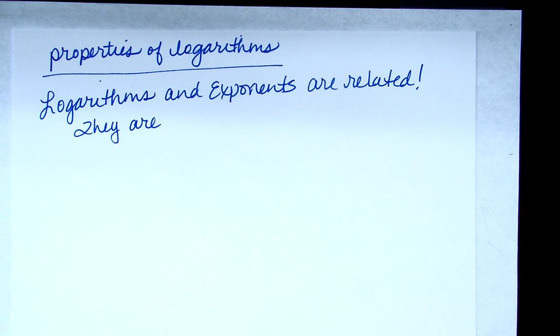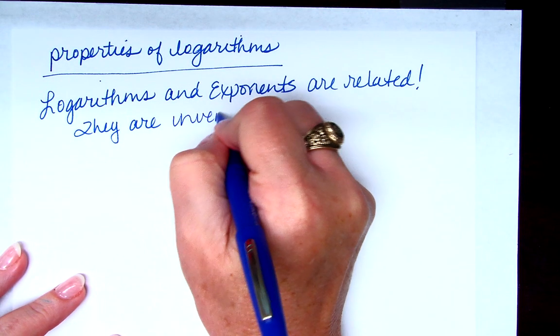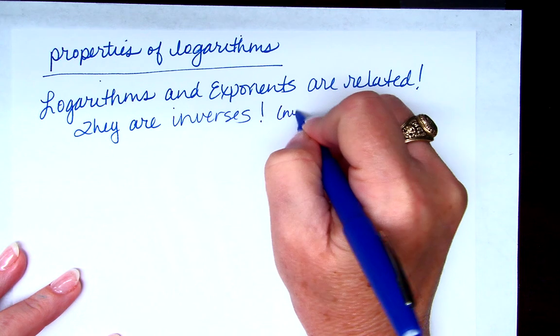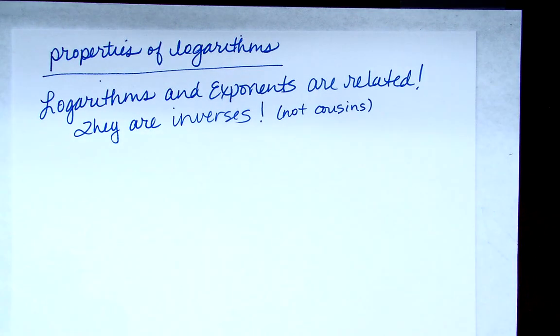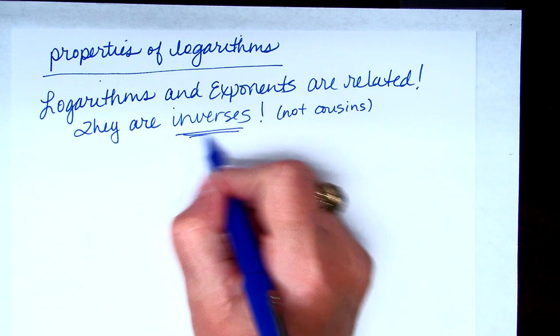They are inverses of each other. Not cousins, although maybe second cousins, third cousins. But they're inverses, and that's a big deal for you to know.